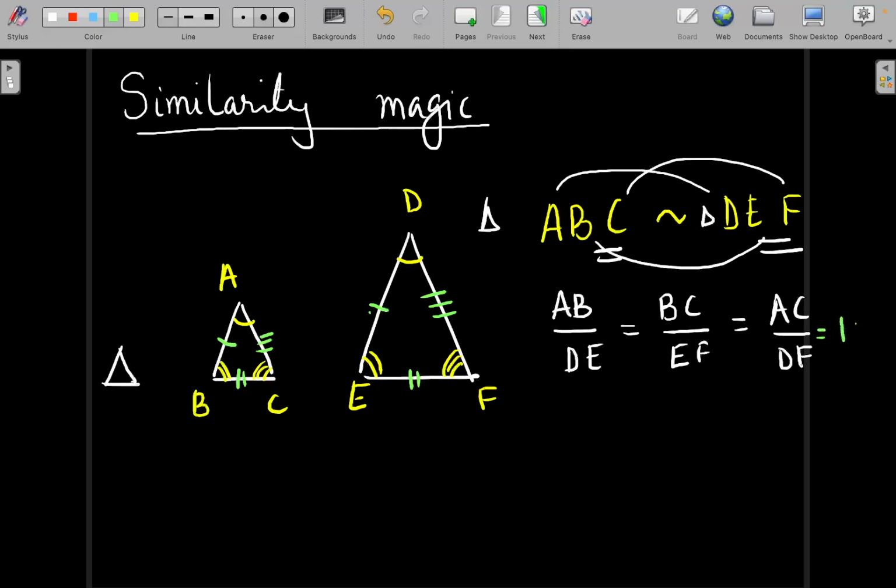Let's simply call this ratio K. Now K can be greater than 1, in which case it's an enlarged figure, or K is less than 1, in which case it's a diminished figure.